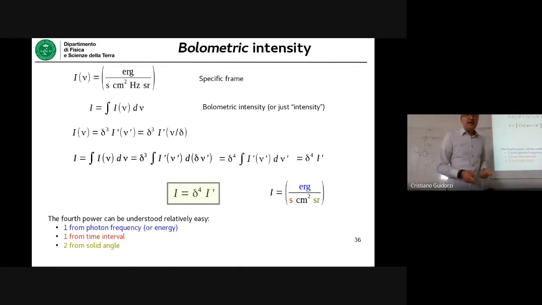Then you have per unit time. Time works the opposite way, but it's a denominator, so again it contributes another factor of delta. And then you have a denominator solid angle, which contributes twice. So 1 plus 1 plus 2 makes 4, and that explains it as well.